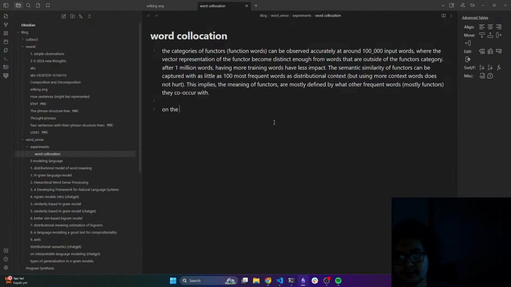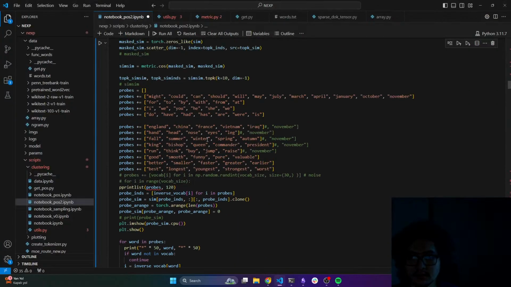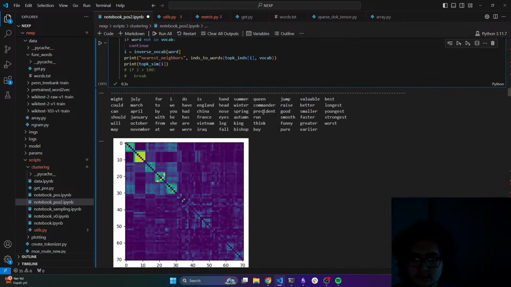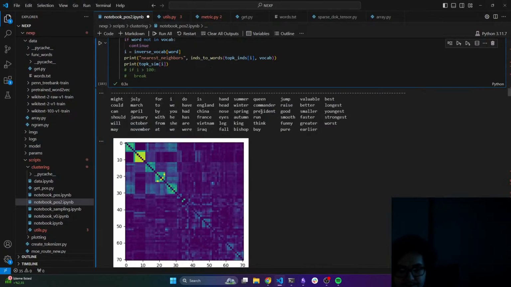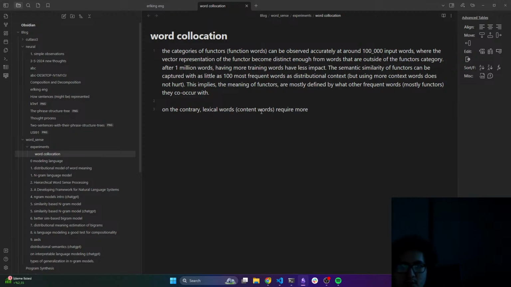On the contrary, content words, lexical words, we should call them lexical words or content words, require more context words as well as more input data to be robustly captured.